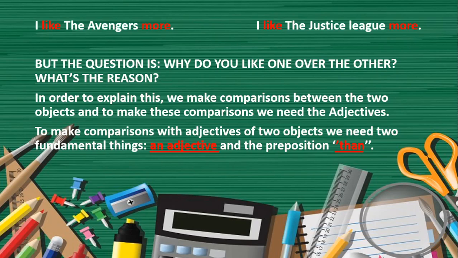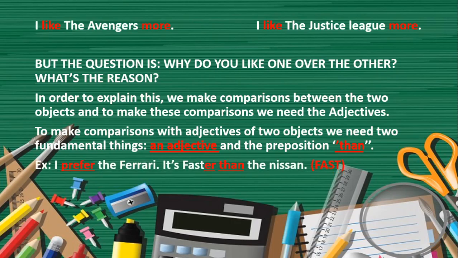We need an adjective, of course, and we need the preposition than. The preposition than is mandatory when making comparisons between two or more objects. It's completely mandatory. It's not optional, okay? So we need the adjective and we need the preposition than.